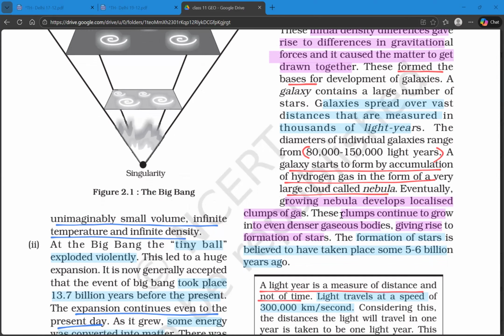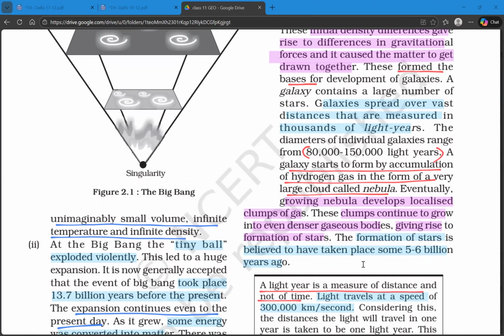These clumps continue to grow into even denser gaseous bodies, giving rise to the formation of stars. The formation of stars is believed to have taken place some 5 to 6 billion years ago.